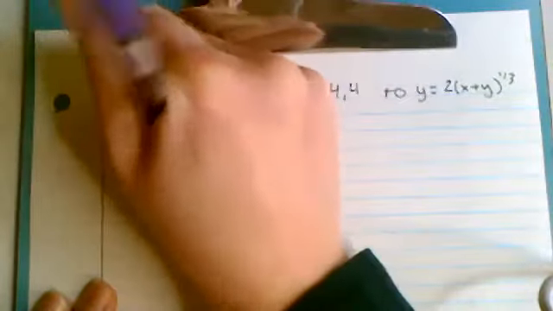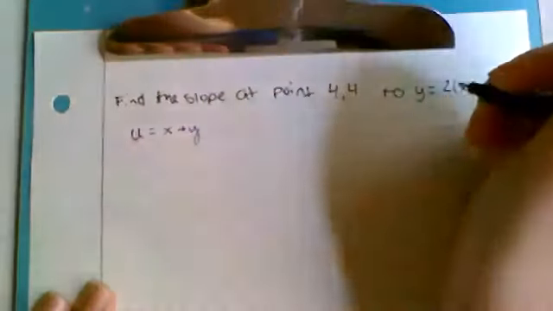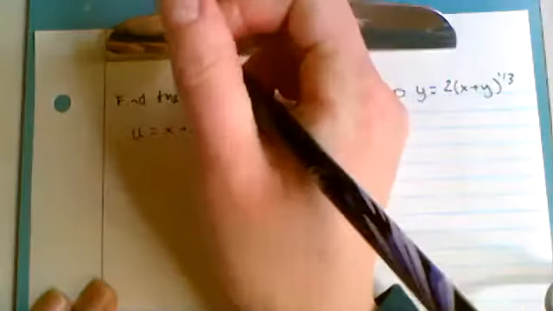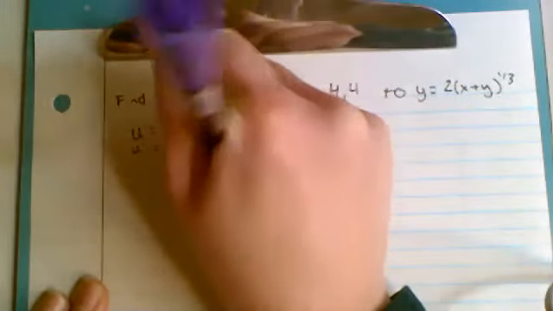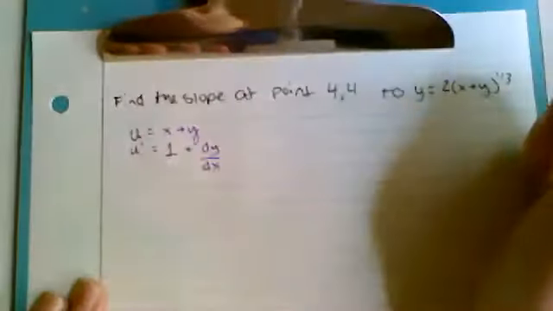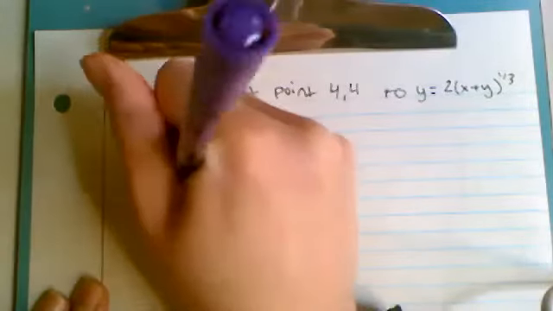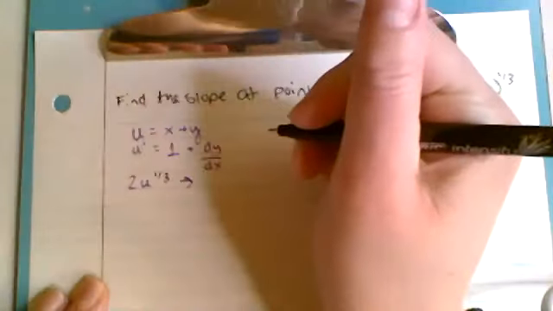So I'm going to call u x plus y. When I find the derivative of u, the derivative of x is just 1, and the derivative of y is dy dx. Then we have 2u to the 1/3 power, so I need to take the derivative of that.